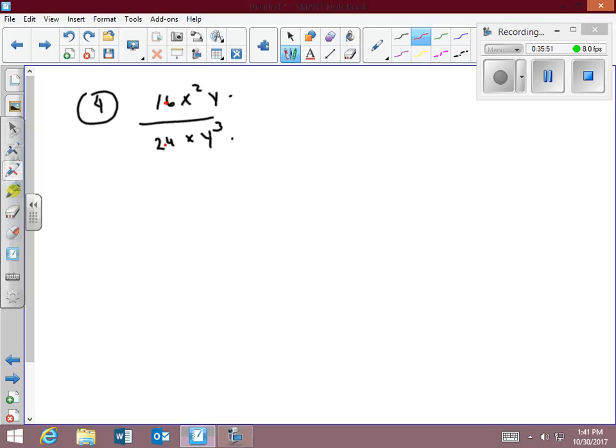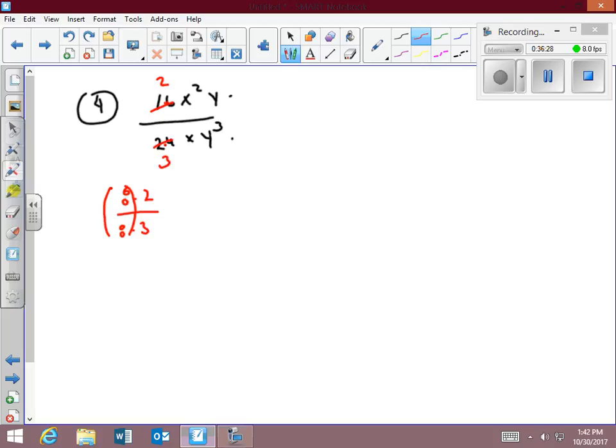If you take the 8 out of the 16, you would write that 16 as 8 times 2, and you'd write that 24 as 8 times 3. And then you would isolate the 8 over 8, and 8 over 8 is 1. That goes out. So it leaves you 2 over 3. Now the easy way to do it is you just say the 8 is there, and you just cross this out and say that's 2 and that's 3.